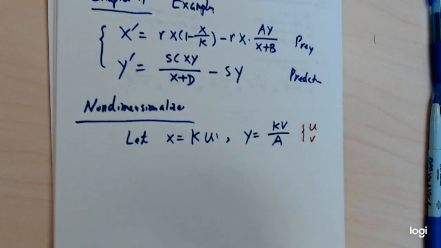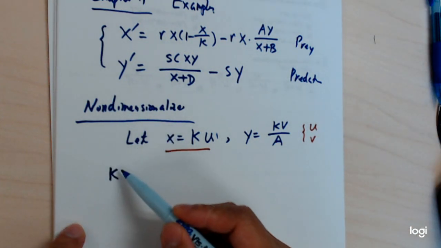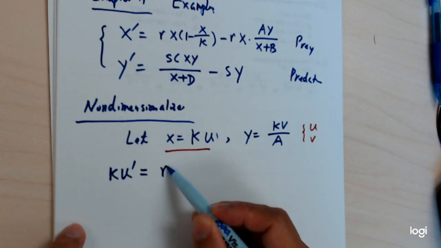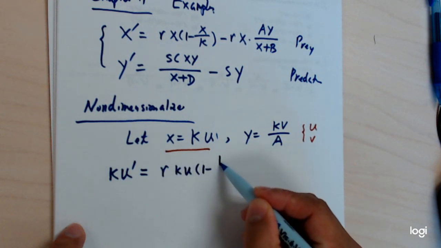I will simply plug this term into the first equation, and here's what I have. K u prime, this is x prime. You just plug this in. x is ku.